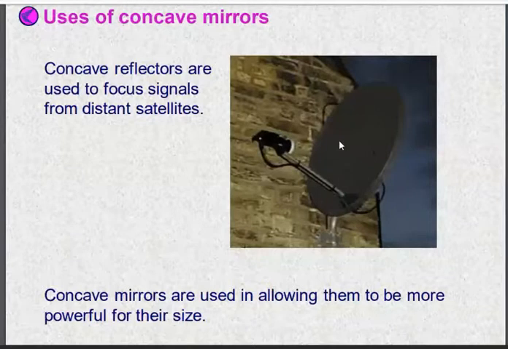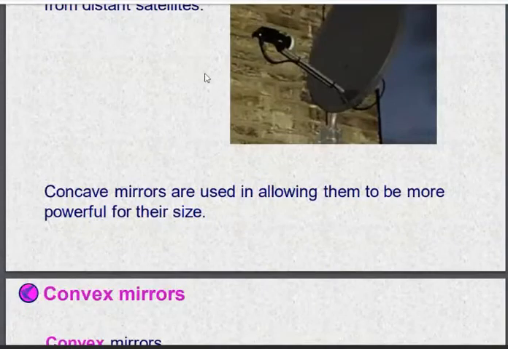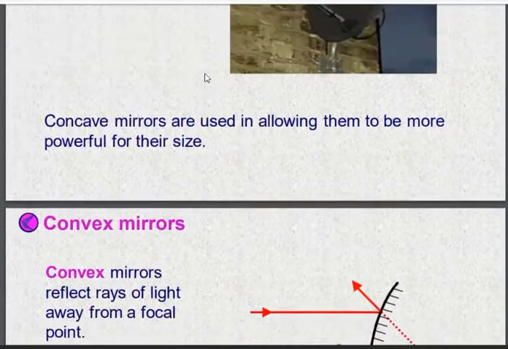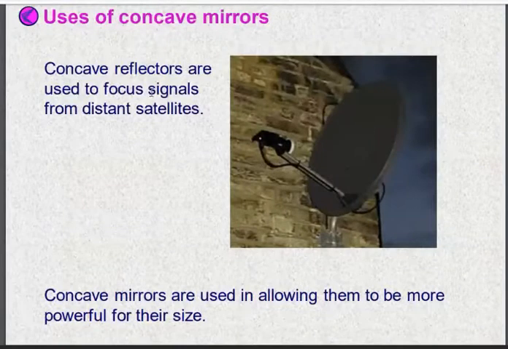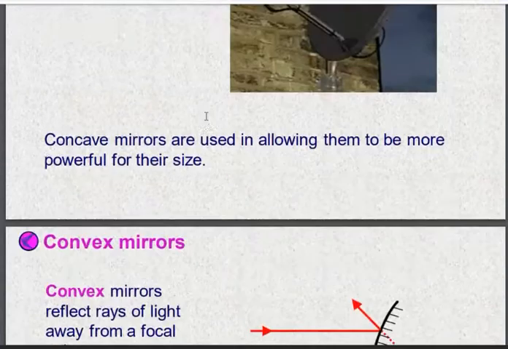When your receiver receives all the reflected electromagnetic signals, then the picture will be clear. Now try to understand. Concave mirrors are used in allowing them to be more powerful for their sizes. So concave reflectors are used to focus the signals from distant satellites.